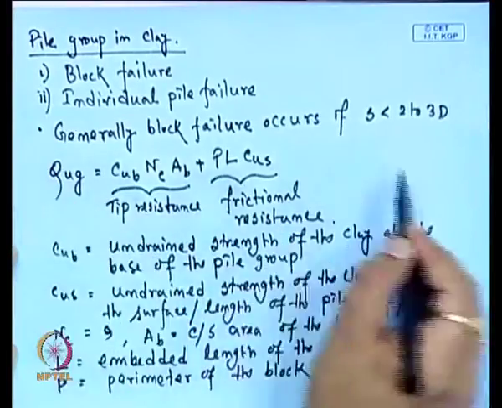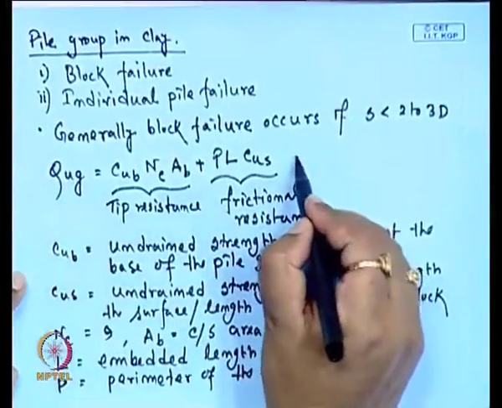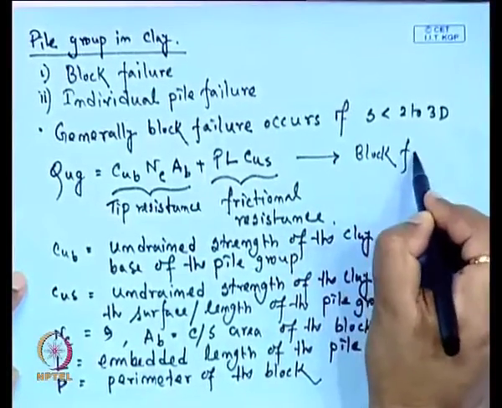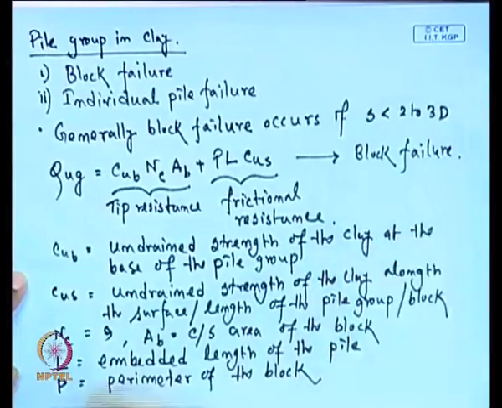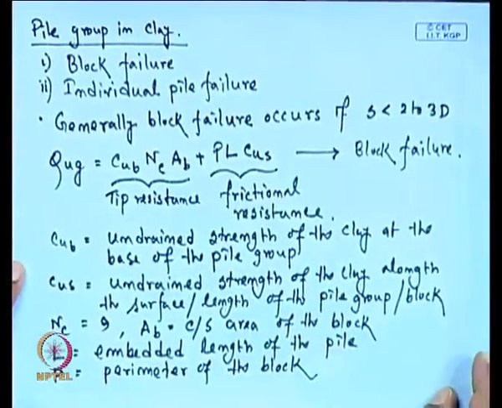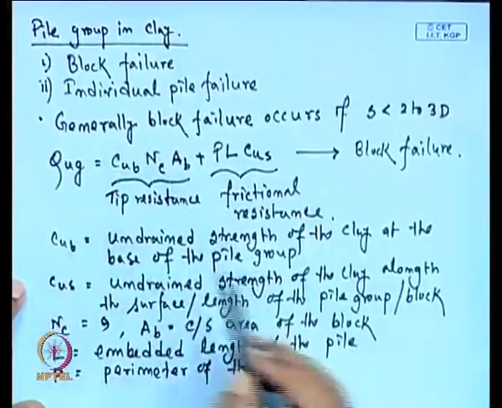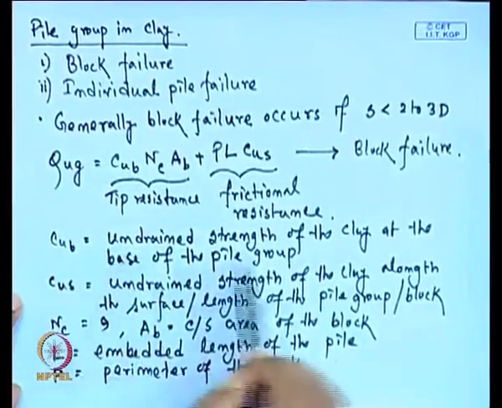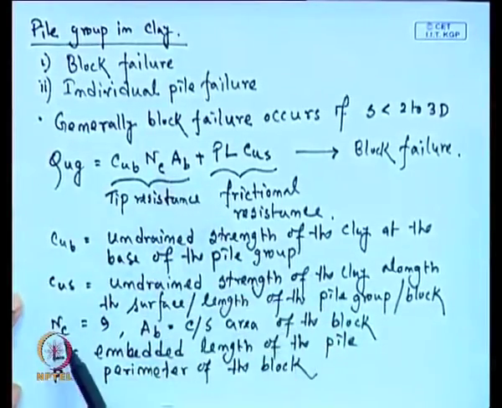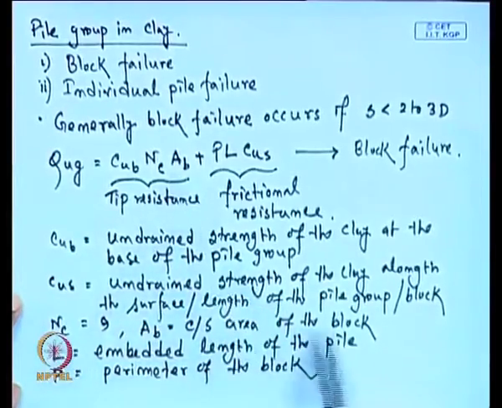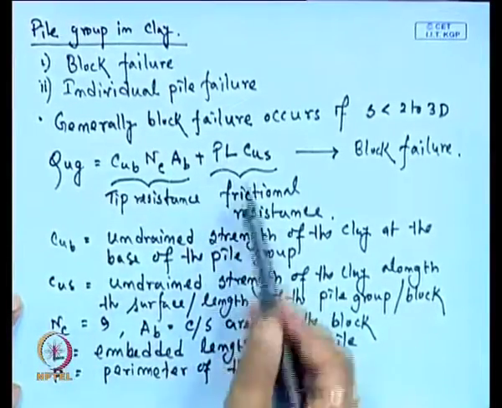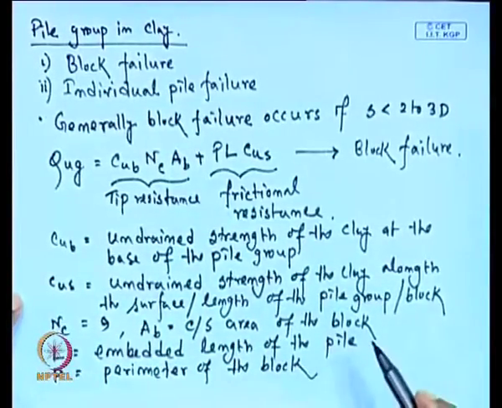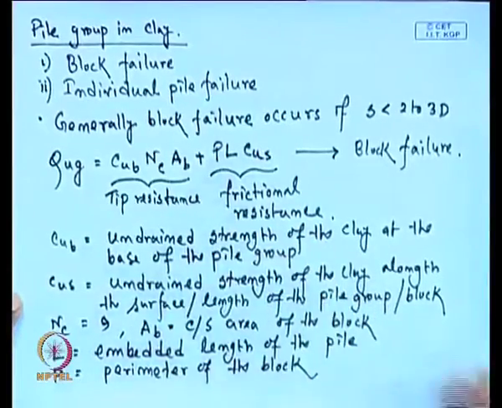So, here this Q_ug we are calculating by considering the block failure, where we calculate the tip resistance and the friction resistance. C_ub is the undrained shear strength at the base of the pile, N_c is 9, A_b is the cross section area of the block, P is the perimeter, L is the embedded length, and C_us is the undrained strength along the surface of the pile group or block. It is the same as the single pile.